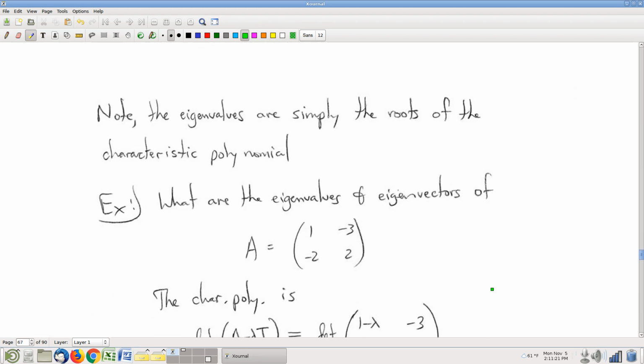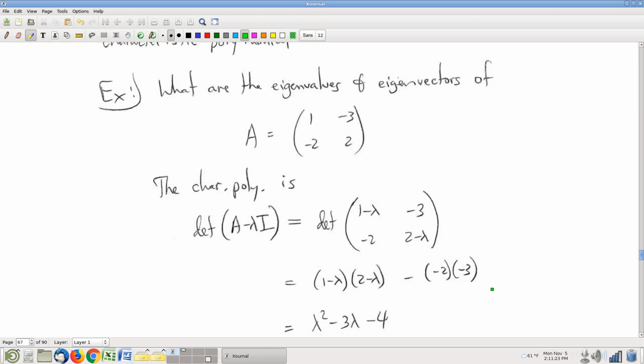Okay, so example. Numerical example. Straight out of the book, by the way. Here's a matrix. That matrix A, right? Let me write down A minus lambda I. If you think about it, the identity has zeros in most places except for ones on the diagonal.